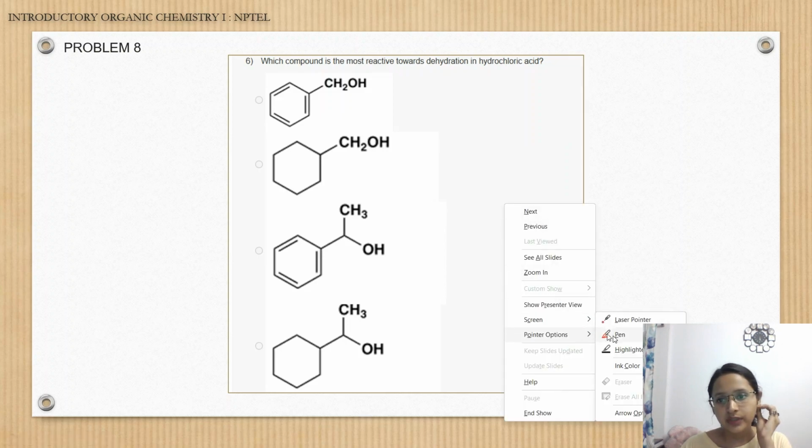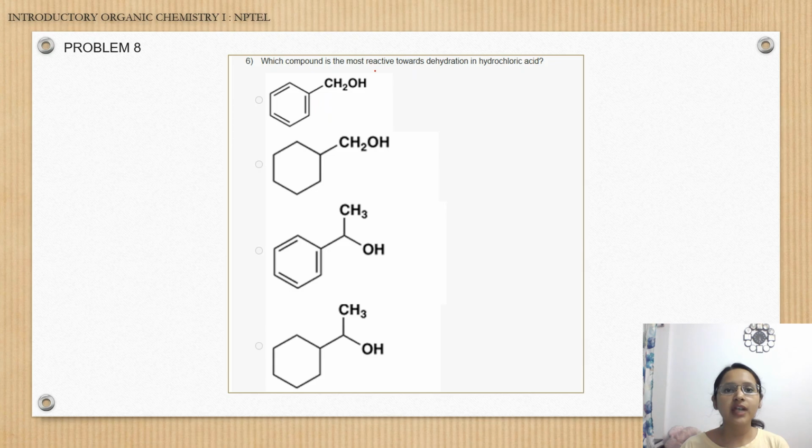So now the question is saying which is the most reactive species toward the dehydration in HCl. If you are treating these compounds with HCl, then what will happen? Can anyone tell me, if I am treating this alcohol with HCl, first of all, what is happening?